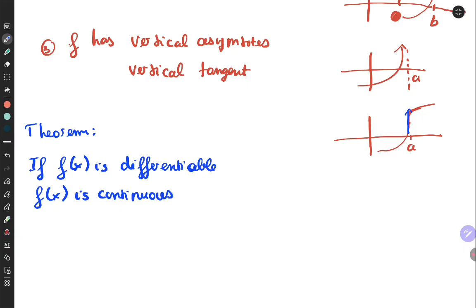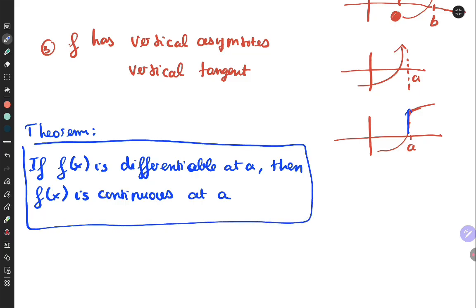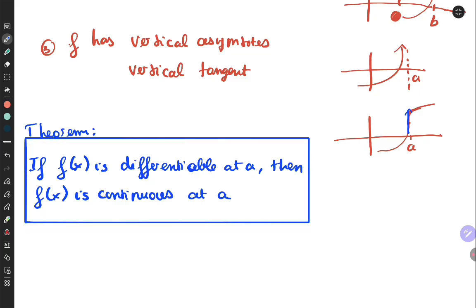Actually, differentiable at A, at a number, then continuous at that number. If a function is differentiable at a number, at a point, then that function is continuous. Guarantee.